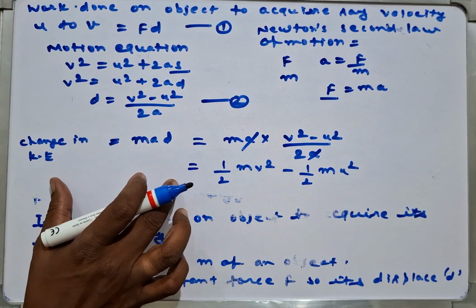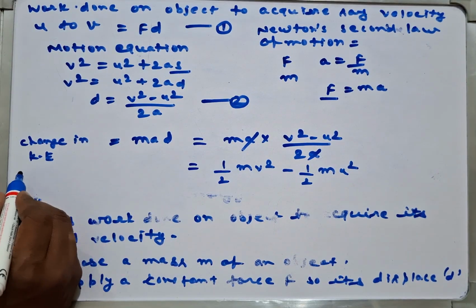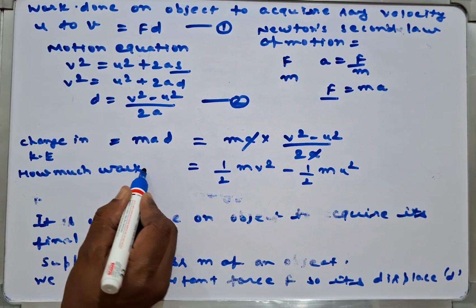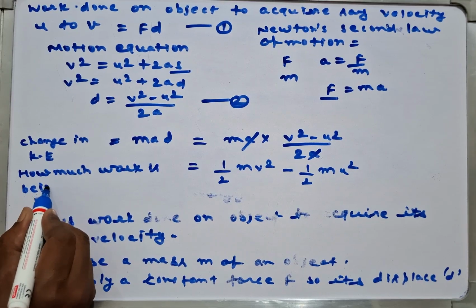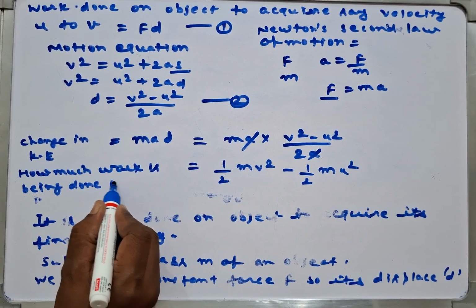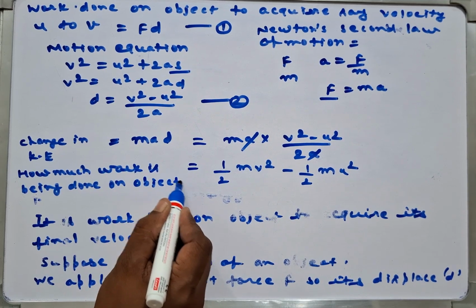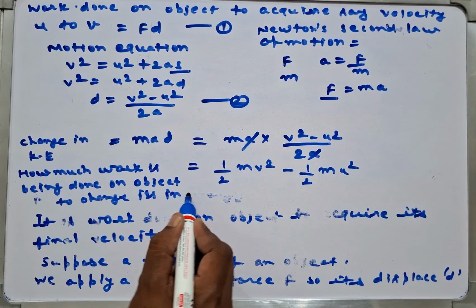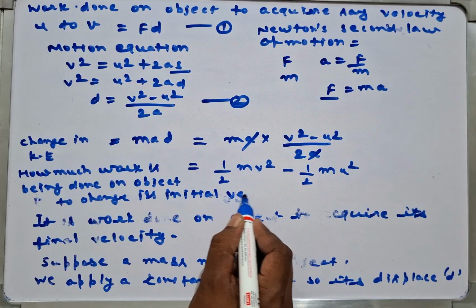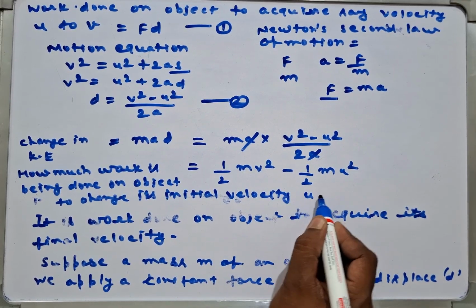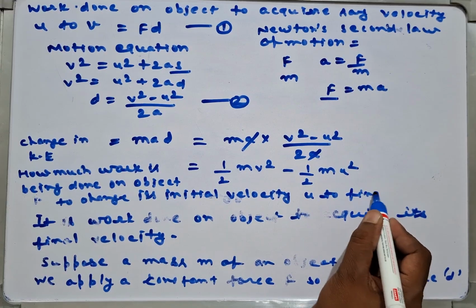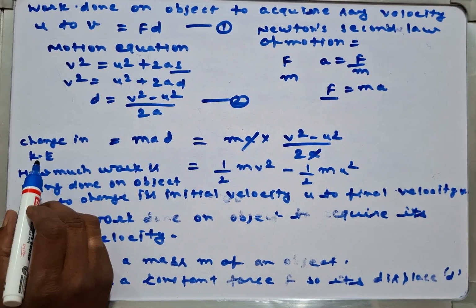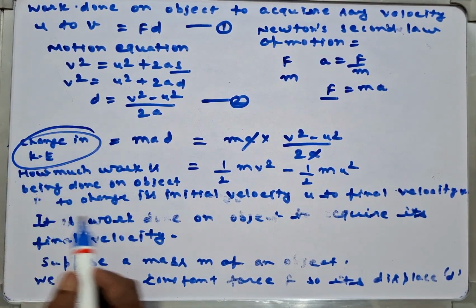So you can also say how much work is being done on an object to change its initial velocity u to final velocity v equal to the change in kinetic energy.